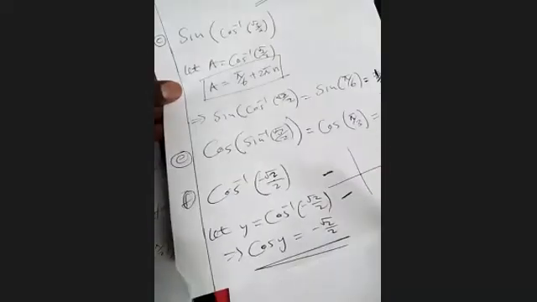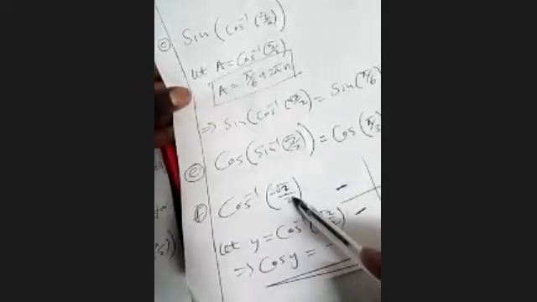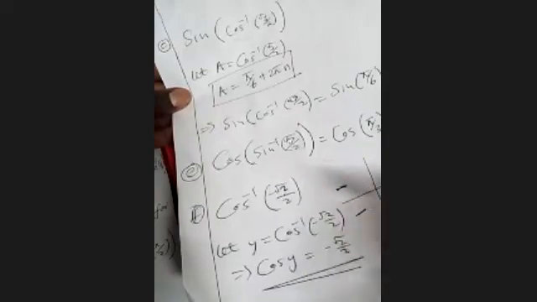We know that cosine inverse of this constant is some value y, so we're getting an angle.